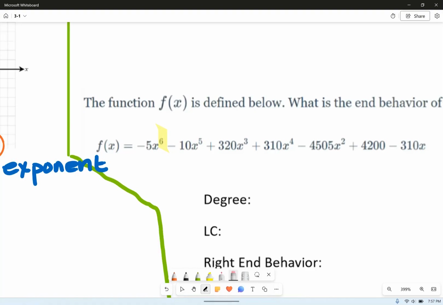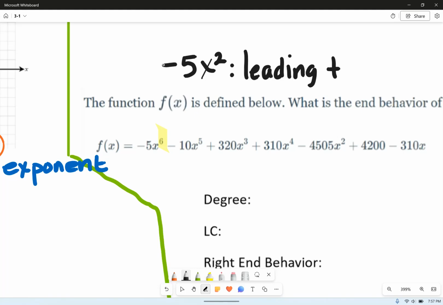So negative 5x to the 6 is going to be known as the leading term.